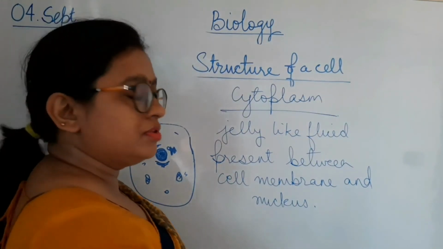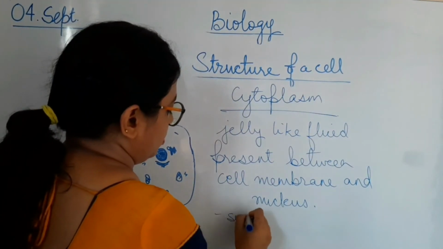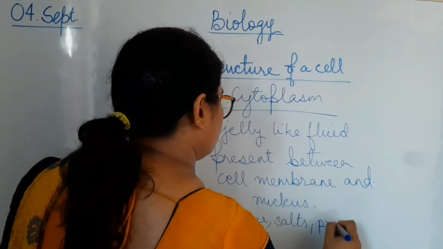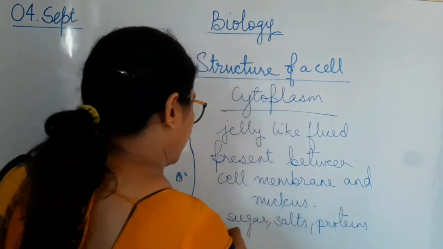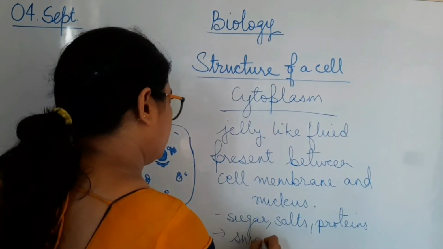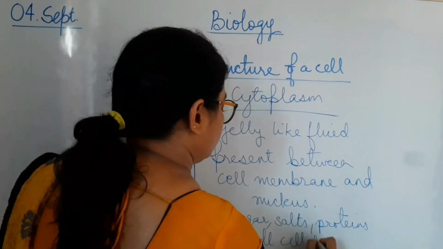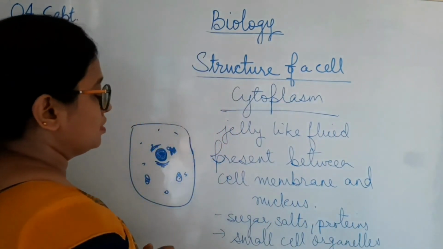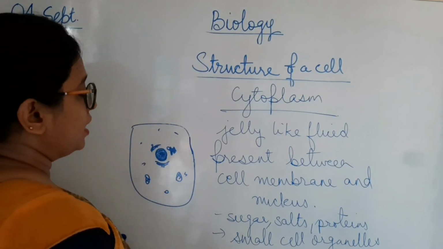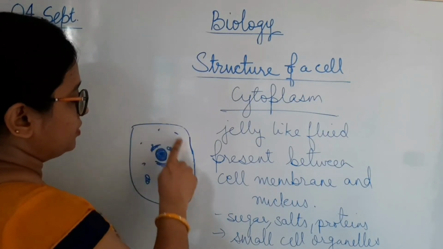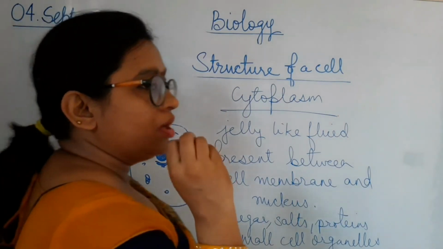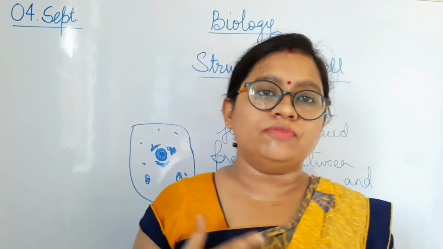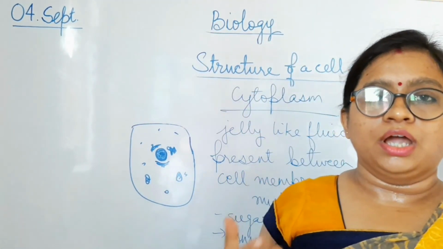The cytoplasm consists of sugar, salts, proteins, and small cell organelles which perform various functions. Basically, the cytoplasm consists of small cellular organelles, all those parts of the cell which perform individual functions like transportation and everything.